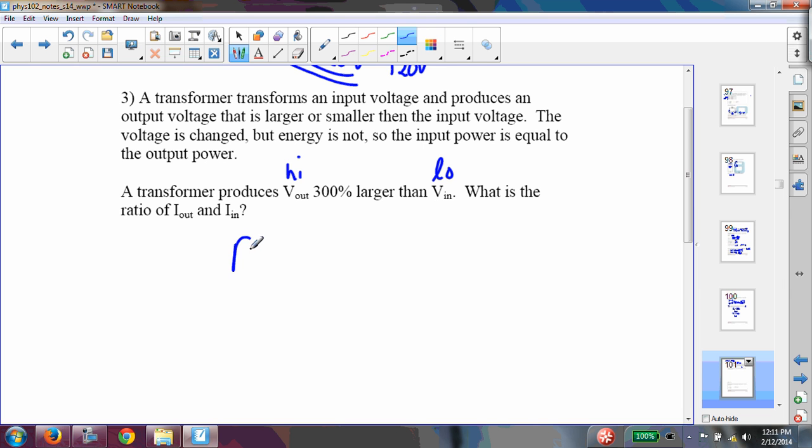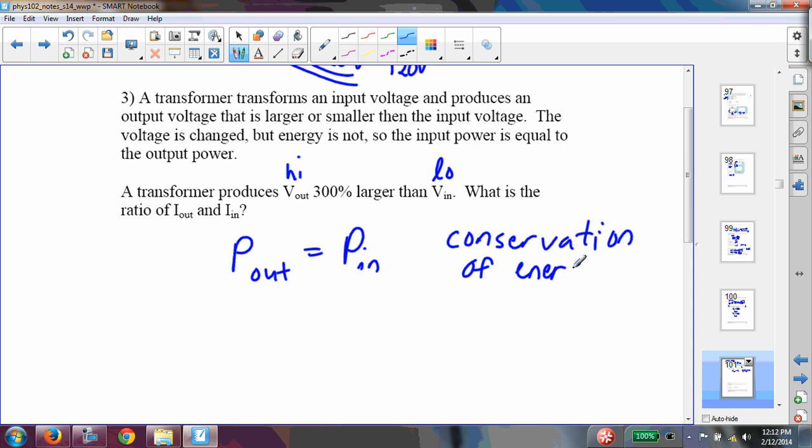Well, I know that the output power has to equal the input power. This is just from the conservation of energy, and unless I have another source of energy somewhere, I can't just create energy. So I know that my output and my input powers have to be the same. And so V out times I out has to equal V in times I in.